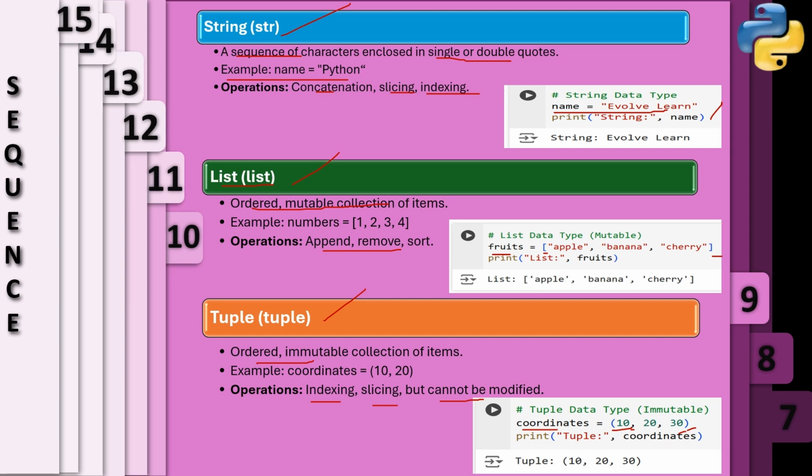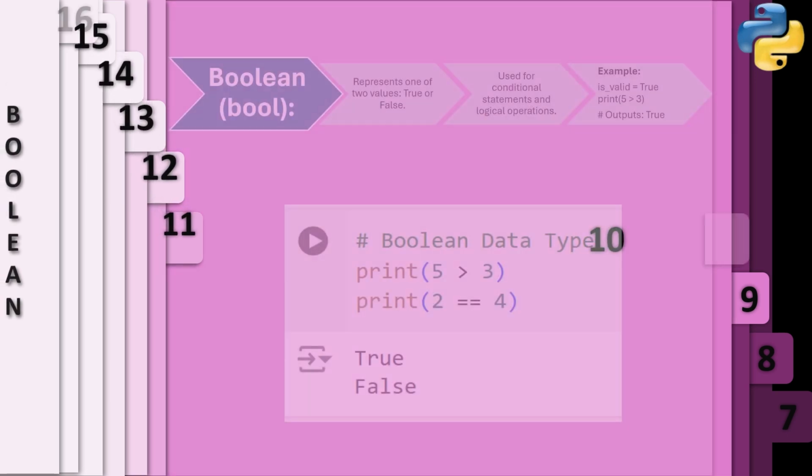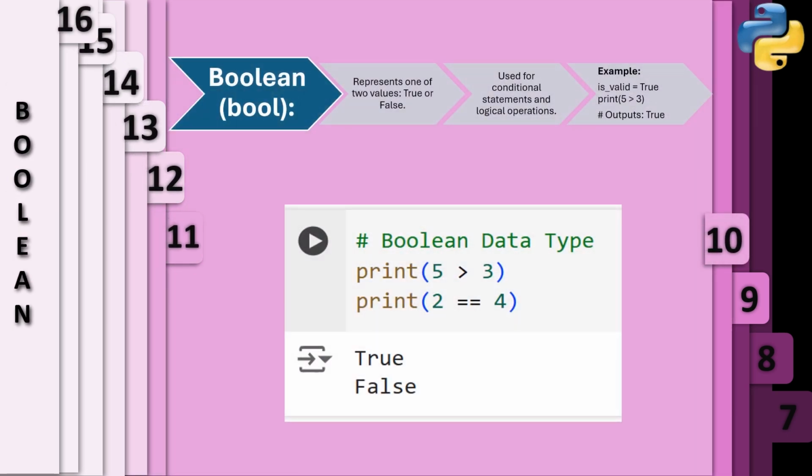Next, we will look at Boolean. The Boolean data type in Python can have one of two values. It may be either True or False. These values are used to represent the truth value of an expression. If we consider the following example, print(5 > 3), it gives True, and the other, 2 == 4, which is False.